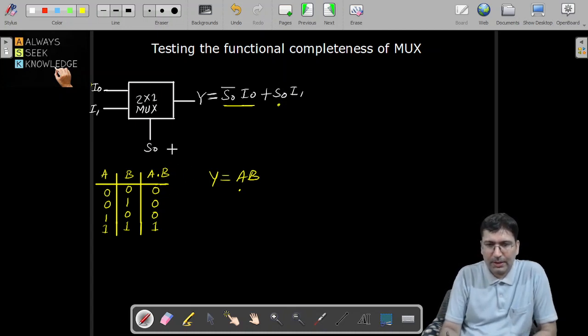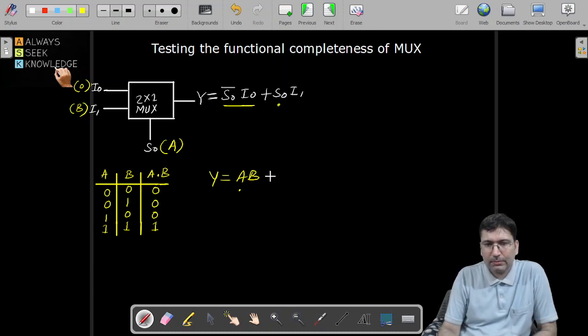So what I'm saying here is, I'm passing A here, and instead of I1 I'm passing B. Now what about I0? I'm making I0 as 0.